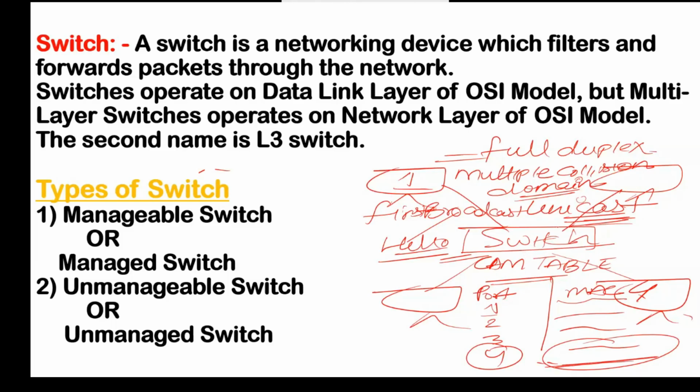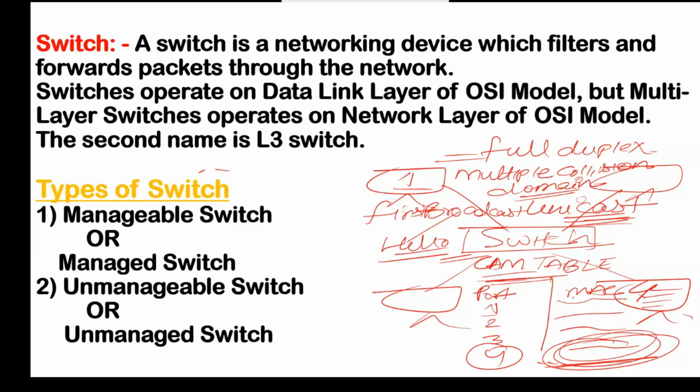When the first PC sends the data to this switch, the frame has a header, and in that header the destination and the source address. By the destination address, it will match in this table. Okay, this MAC address is available. After that, this switch will send the data to this fourth one, for that specific MAC address.